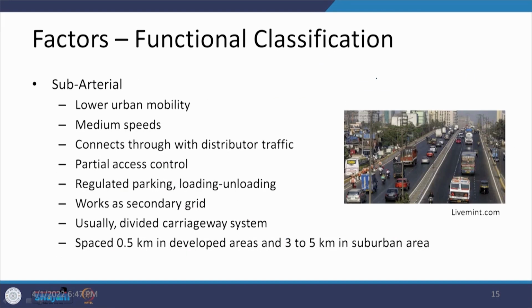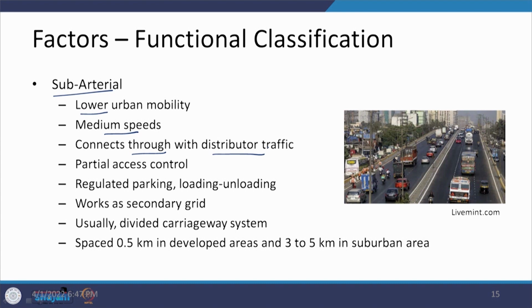Now, the next one is the sub-arterial, which is a bit lower category compared to the arterial road. Here the mobility is lower, and therefore the speeds are also lower. The traffic is again a sort of through traffic, but it is also connecting with distributor traffic in a particular area.